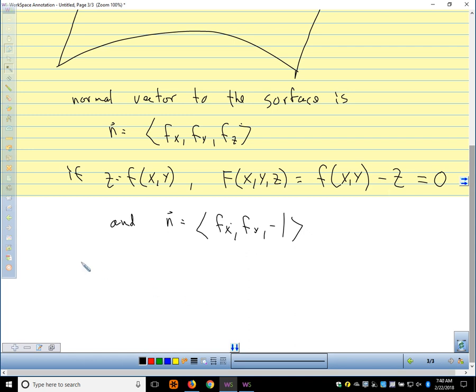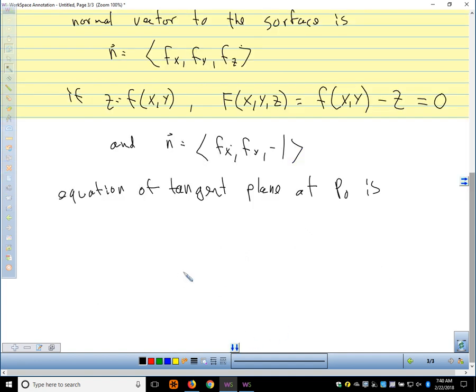So our tangent plane at P0 is then f sub x, x minus x0, plus f sub y, y minus y0, plus f sub z times z minus z0 equals 0.